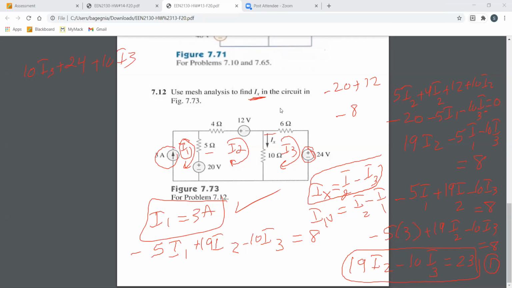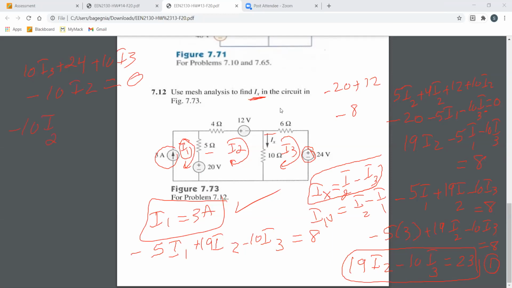Now we look to the neighbor. What do we have? We have a negative 10I2. I1 is not attached. There's no common resistance with loop number 3, so I1 is not there. Equals 0. So we have minus 10I2.